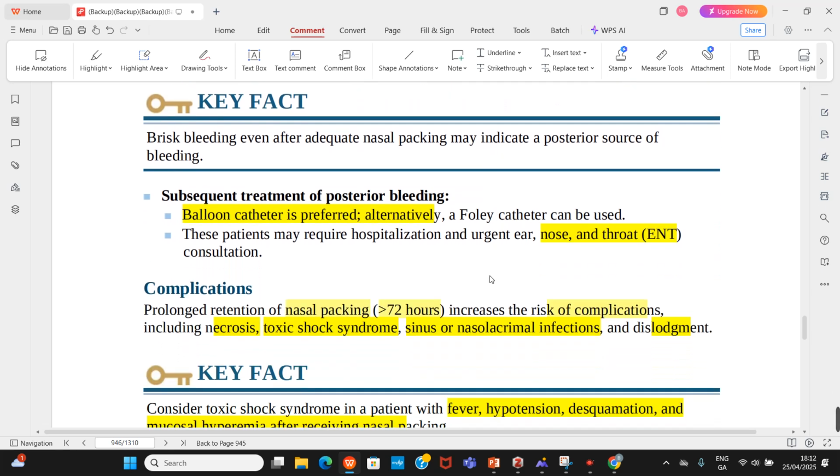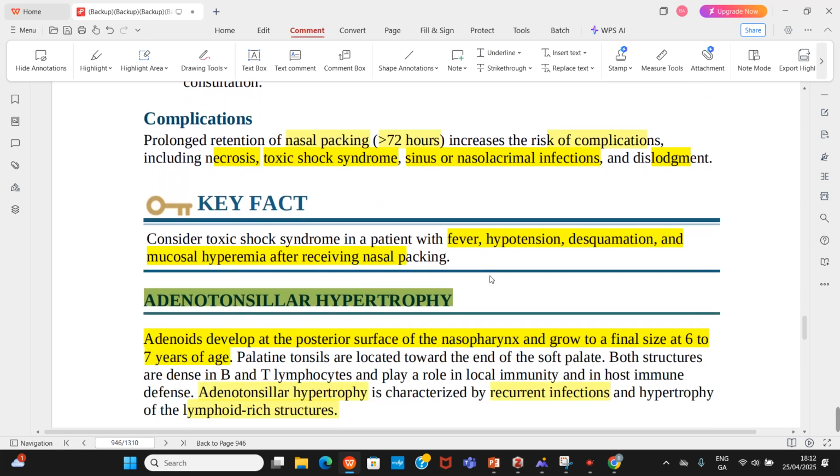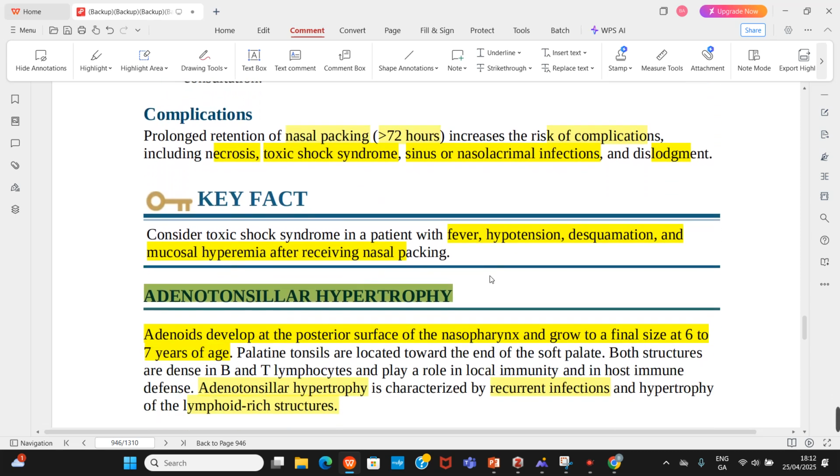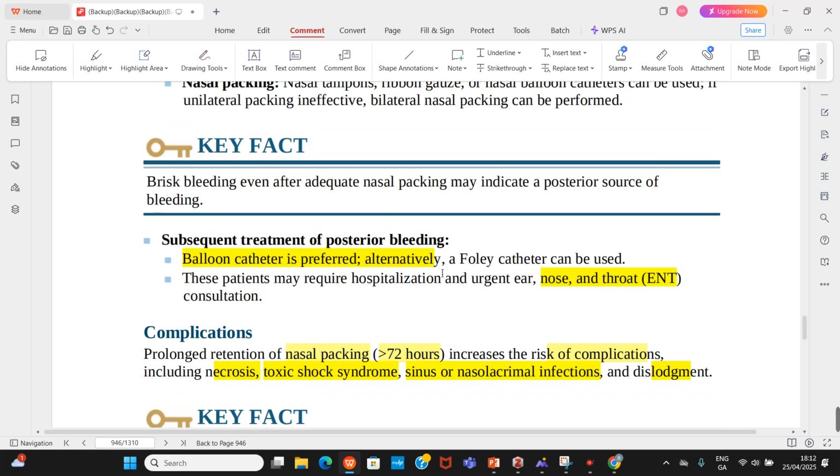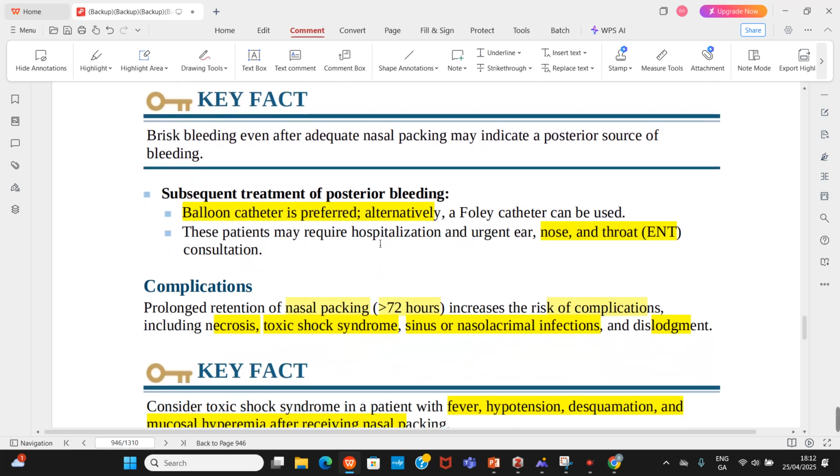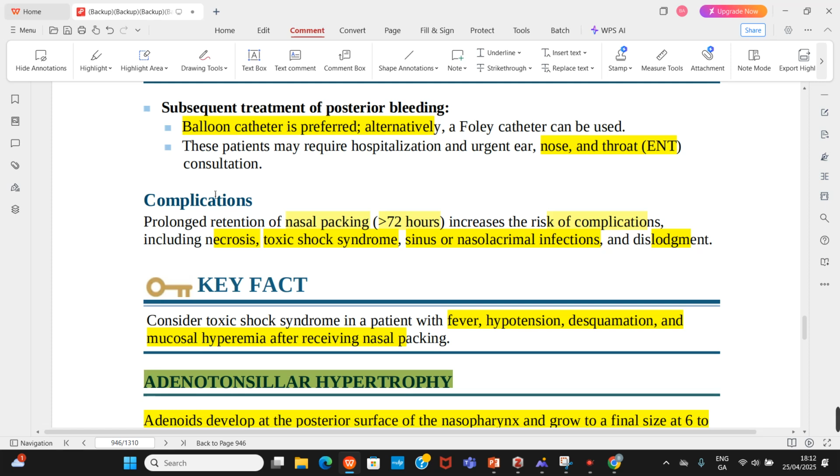So usually for a posterior site, they like a balloon catheter to pack, but most of the time they will send a consult to ENT to come and do embolization to solve the problem. And don't forget, the source of posterior bleeding is usually from the sphenopalatine artery. Very, very important.